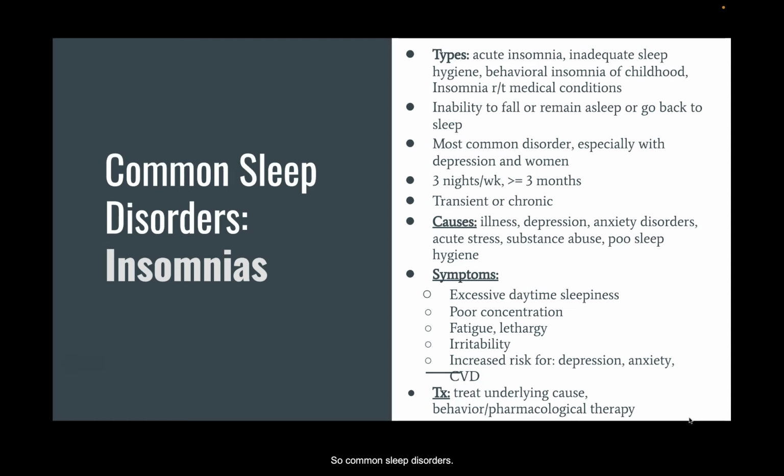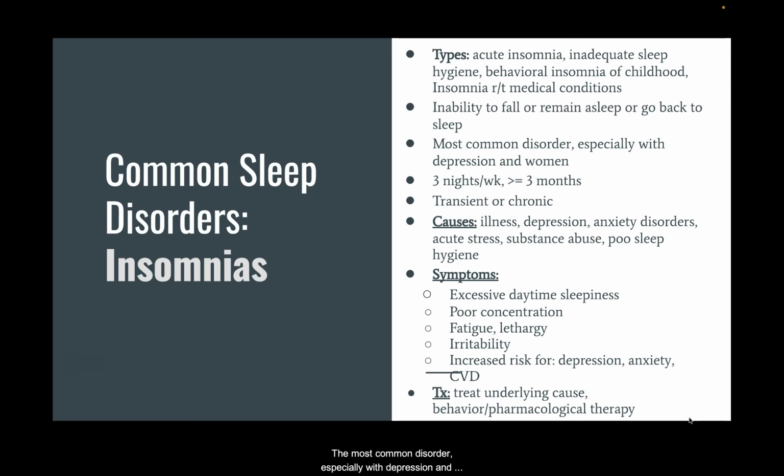So, common sleep disorders, let's talk about some sleep disorders now. One of the common sleep disorders is insomnia. There are different types. You have acute insomnia, which is inadequate sleep hygiene, behavioral insomnia of childhood, and insomnia related to medical conditions, right? There's the inability to fall or remain asleep or go back to sleep. That's the definition of insomnia.